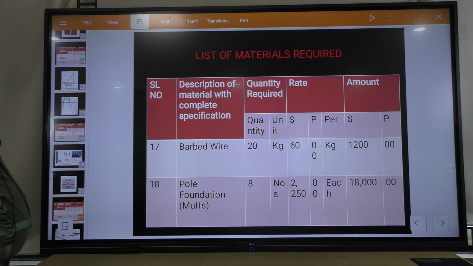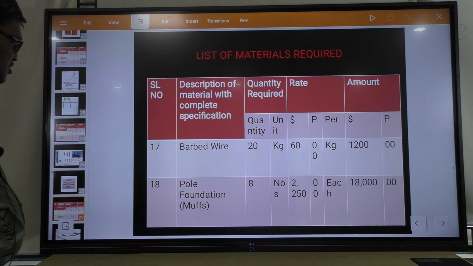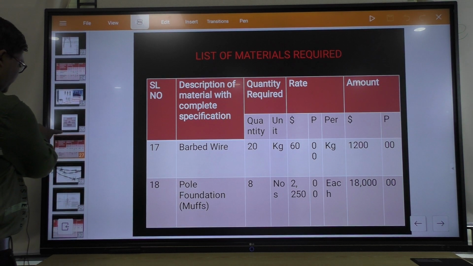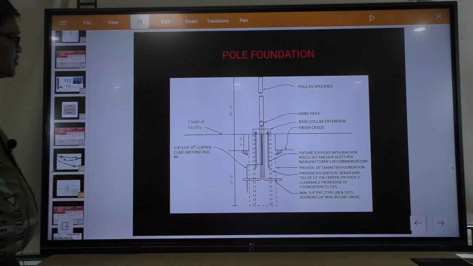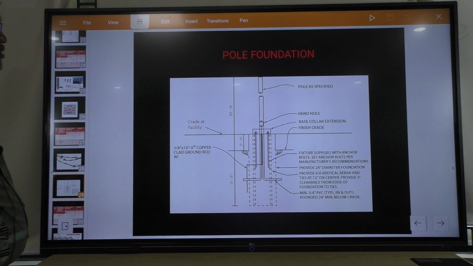Then pole foundation mops, 8 numbers for each pole is required. This is the example of barbed wire. This is the pole foundation. This is the arrangement of pole foundation.